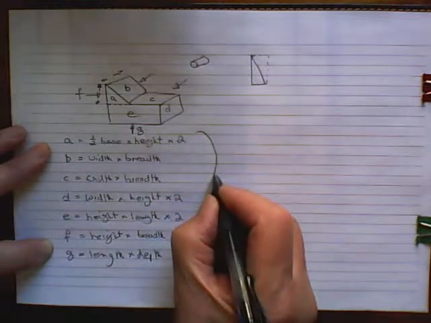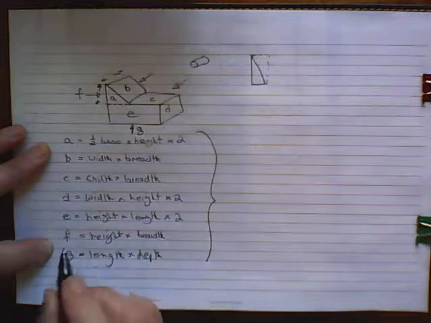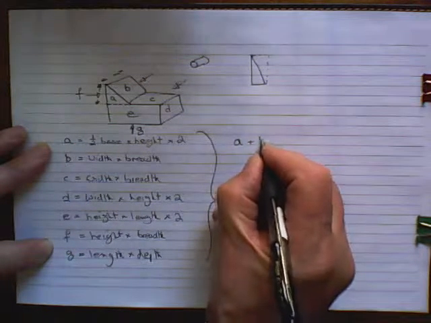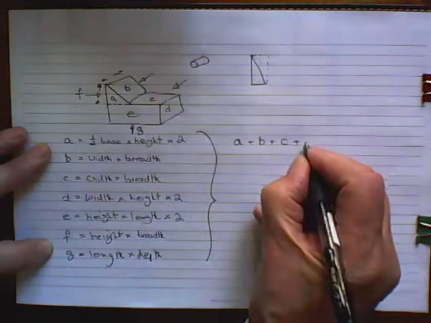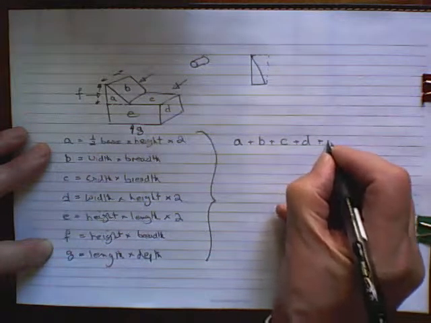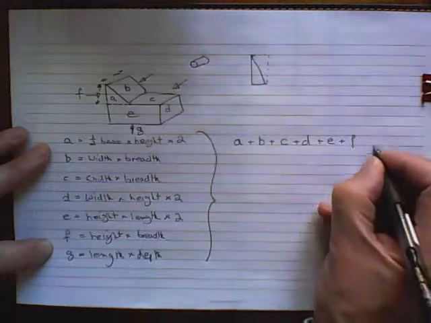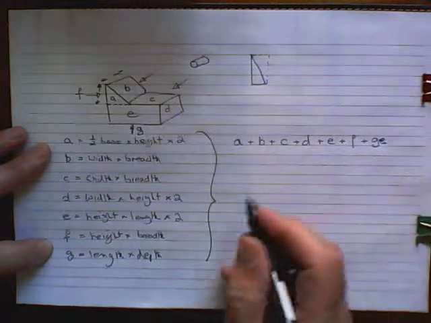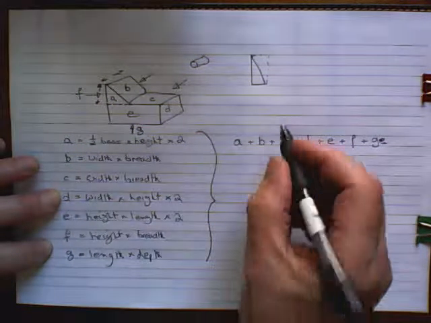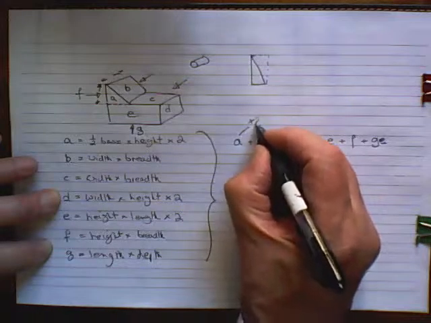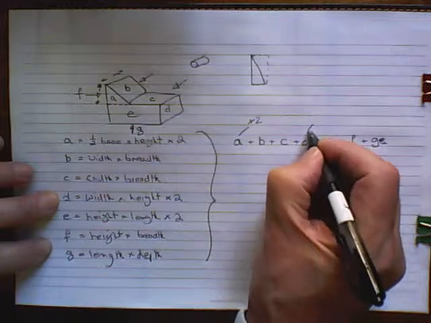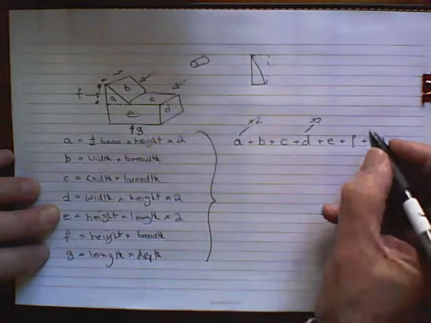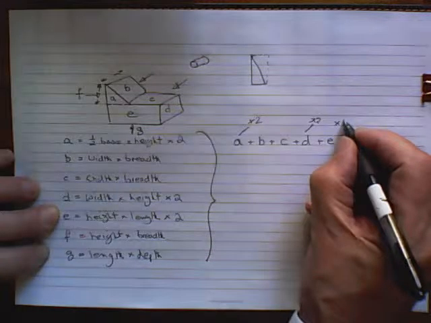So the overall surface area of this object is A plus B plus C plus D plus E plus F plus G. Bearing in mind that there are 2 A's, 2 D's and 2 E's.